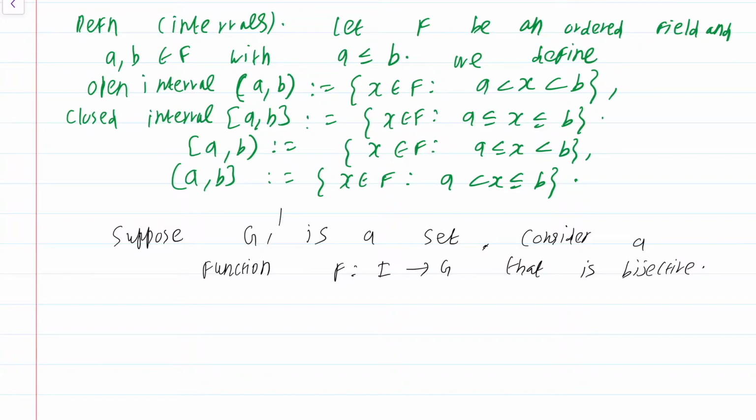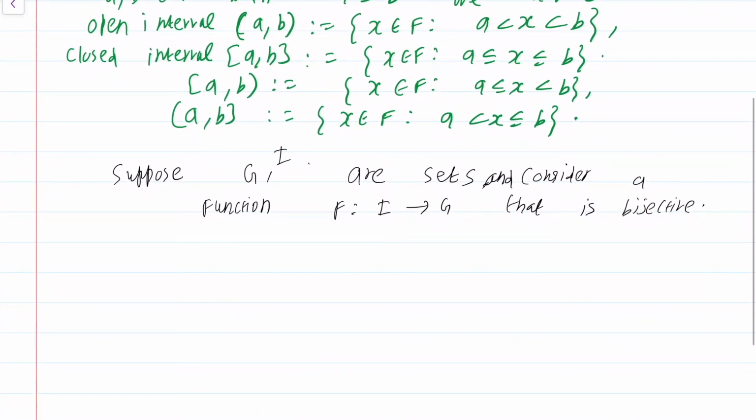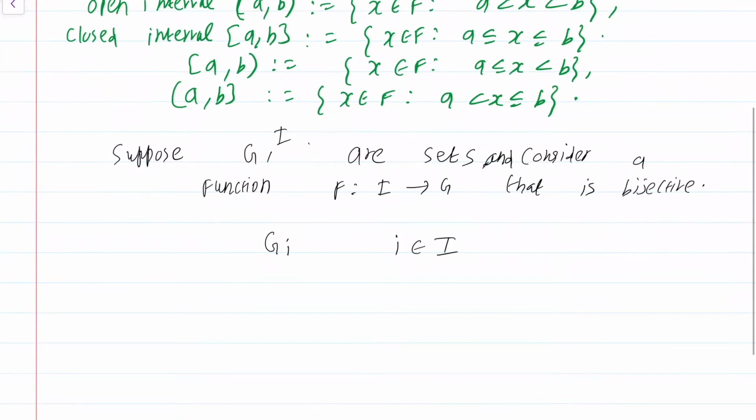So suppose G, I are sets, and consider a function f from I to G that is bijective. Then obviously I can consider the elements of this set G as some G_i where i is coming from capital I. What I am essentially meaning by this is that this G_i is nothing but f of i.